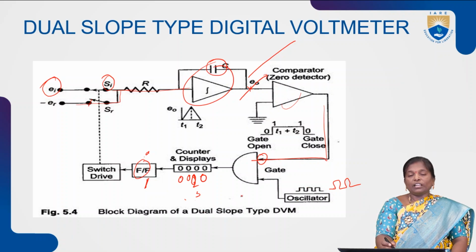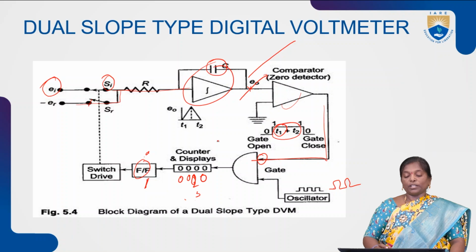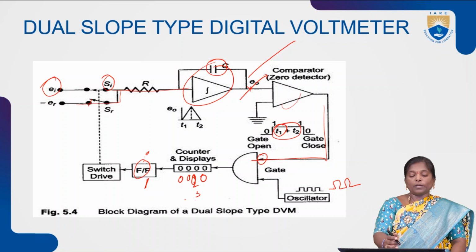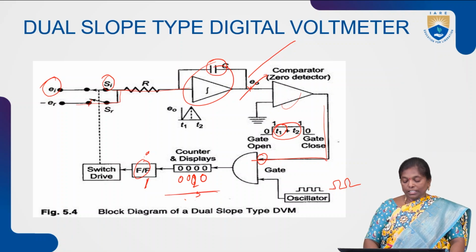During the time interval T1 and T2, the gate is open. During the time T1 the gate is open, and after completion of time T2, the gate is closed. The total time duration is T1 plus T2. During this interval, the number of clock pulses passing through the counter is counted and displayed.